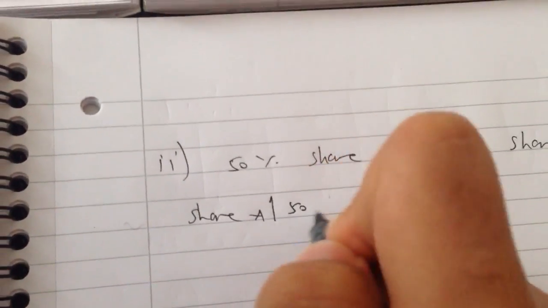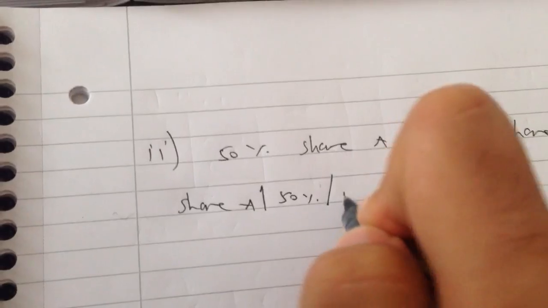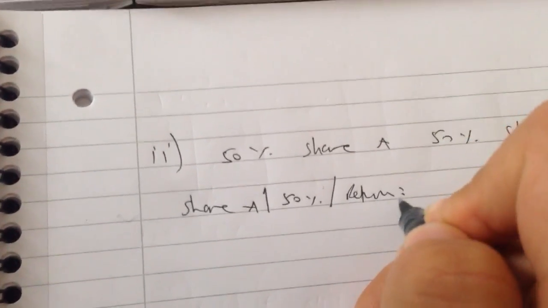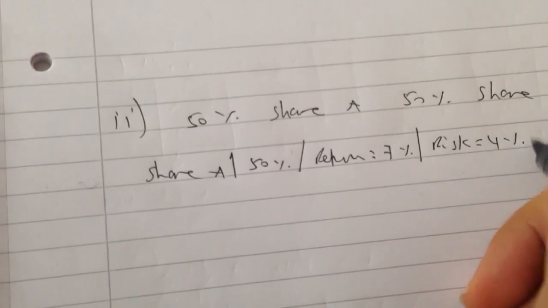Part II. This time we've got half in share A, half in share C, so our portfolio is 50% share A, 50% share C. Again, for share A, our weight is 50%, our return is 7%, and our risk is 4%.